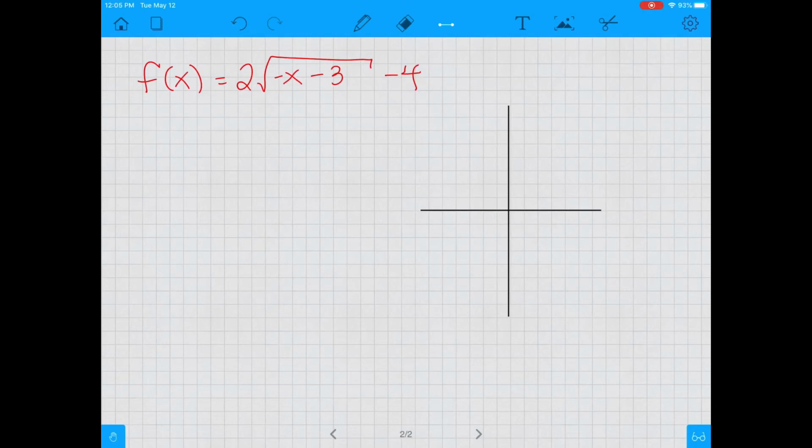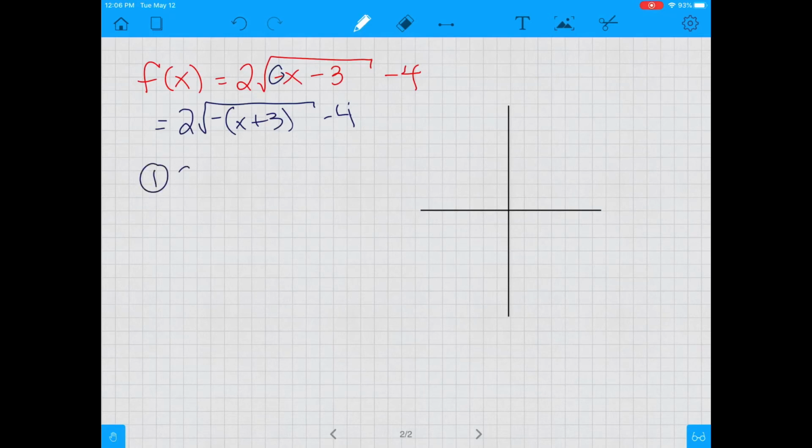So when you see something like this, the key that I'm looking for is, do I have a negative in front of my x? First thing I'm going to do is factor that out. So I get negative x plus 3, minus 4. Right? Hope you're with me so far. Now I'm going to follow the same exact steps I did before.